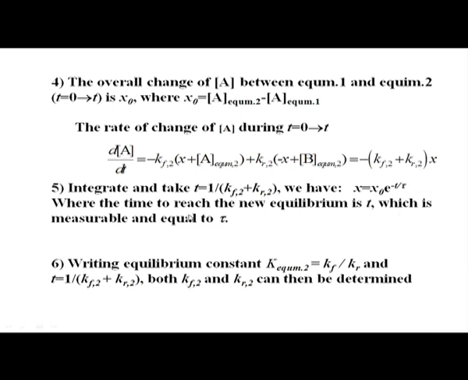From these calculations and this mathematical manipulation, and writing your new equilibrium constant like this, you can determine kf, the forward rate for the second equilibrium, and kr, the backward rate for the second equilibrium.